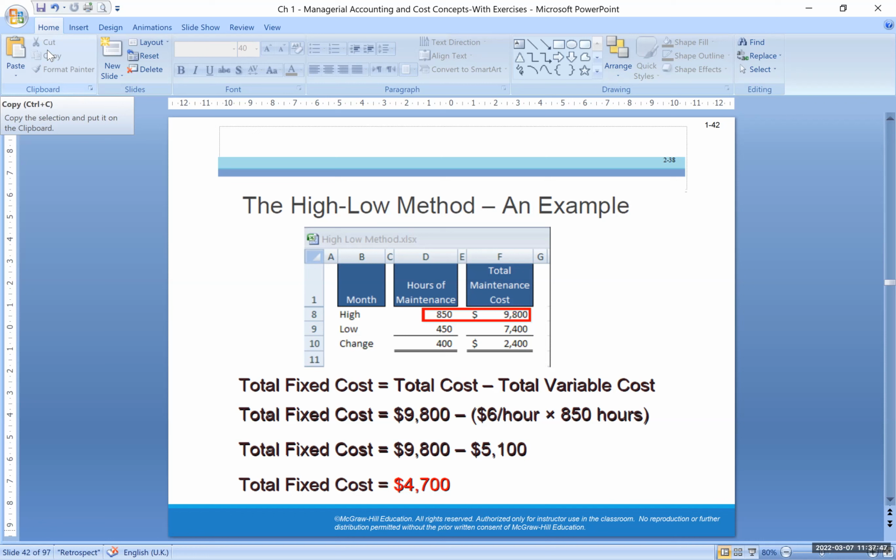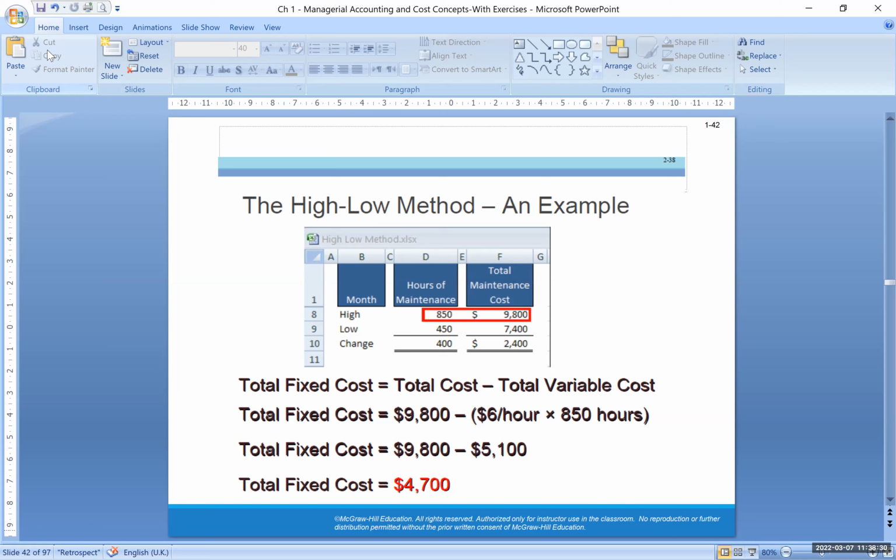So if we apply again the equation y equals a plus bx for the lowest level, the y, which is the total cost, will equal what in this case? 7,400, right? 7,400 equals what? A, which is missing, plus b, which equals $6 per 1 hour, multiplied by the level related to the lowest level, the hours of maintenance related to the lowest level, which is 450.